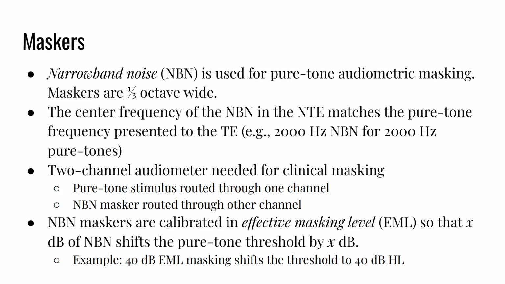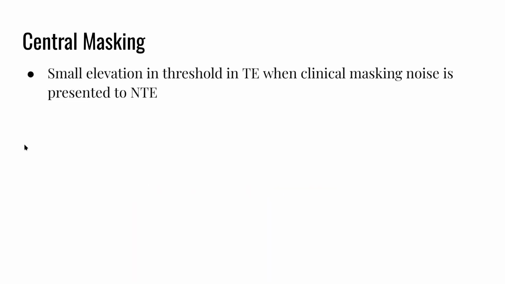So here's our example of 40 dB EML effective masking level. Masking shifts the threshold to 40 dBHL. That's assuming a 0 dBHL threshold. So say you had a 20 dBHL threshold and you apply 60 dB of EML, 60 dB of masking, it's going to shift your threshold to 60 dBHL.